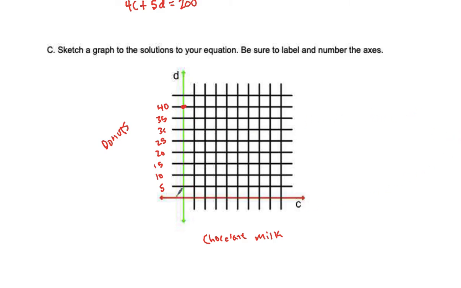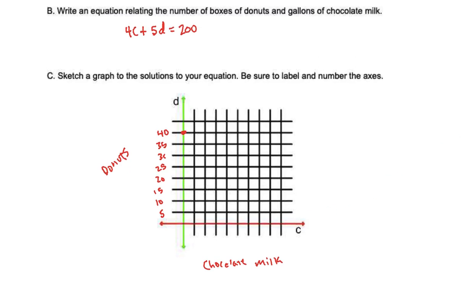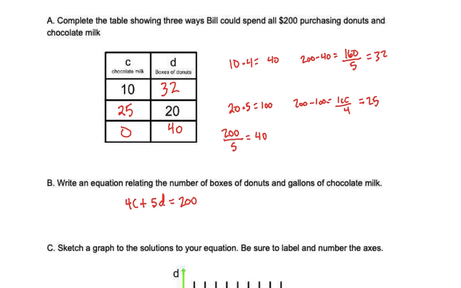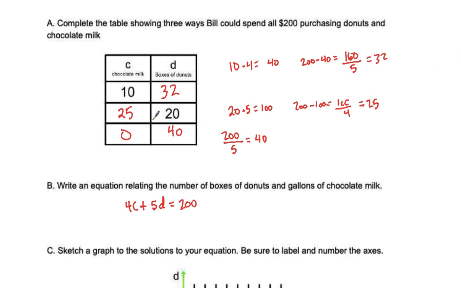Now, what I need to figure out is what if I had 0 donuts? How much chocolate milk would I get if he decided, you know what, nobody likes donuts. We're all adults. We're just going to have chocolate milk. So we can go back up here to the table and just do it like this. What if I put a 0 in for donuts, and then filled this one in for the chocolate milk.